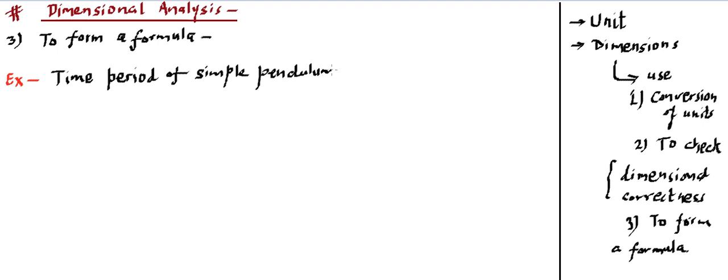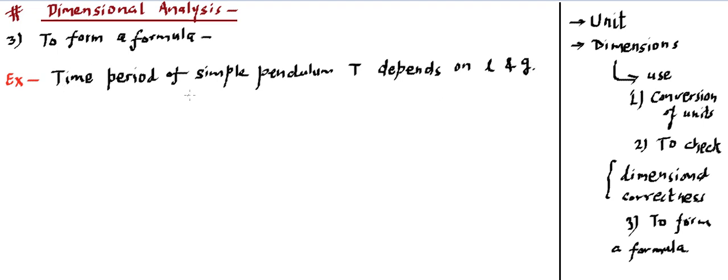So time period of a simple pendulum, that is T for time period, that depends on length of the simple pendulum L and gravity of that space, which is g.